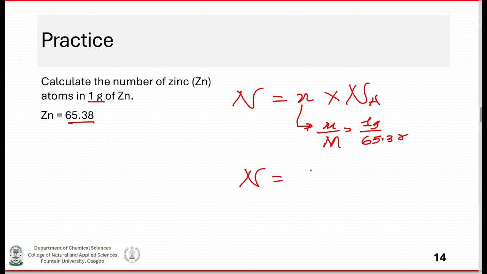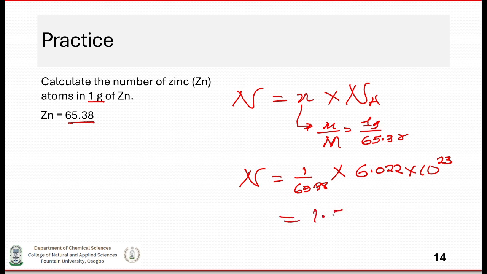So we can plug that in to calculate the number of atoms. Now N equals 1 divided by 65.38 times 6.022 times 10 to the power of 23.